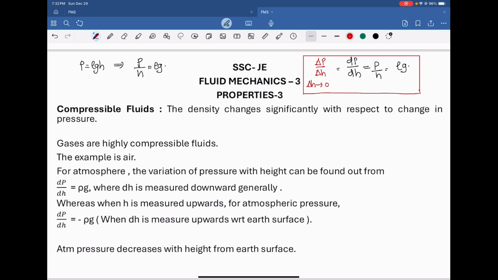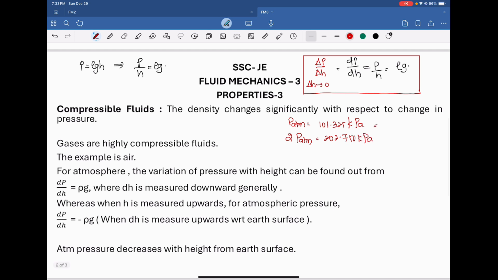I am not talking about the ultimate pressures and failure pressures. I am talking about 1 atmosphere, P atmosphere, 101.325 kPa, and let us say 2 atmospheres, 2 into P atmosphere, which will be 202.750 kPa.